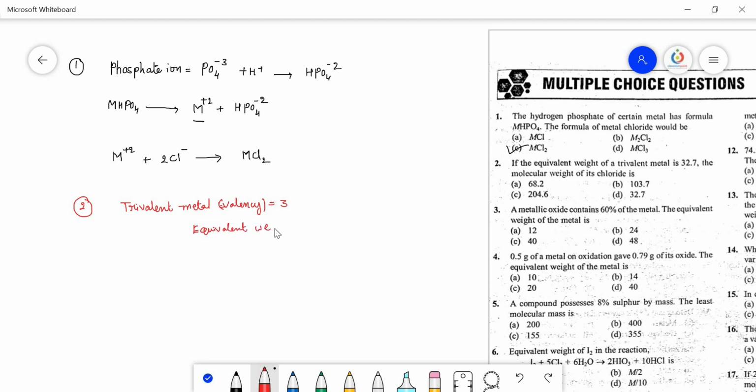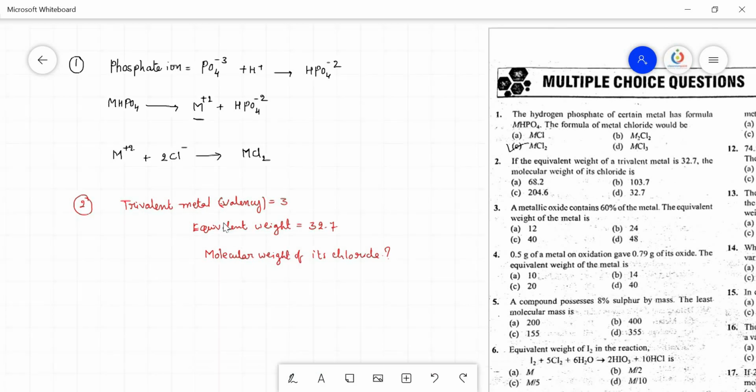Equivalent weight of this metal is given as 32.7. Now they are asking the molecular weight of its chloride. How much? Let us solve this question now.